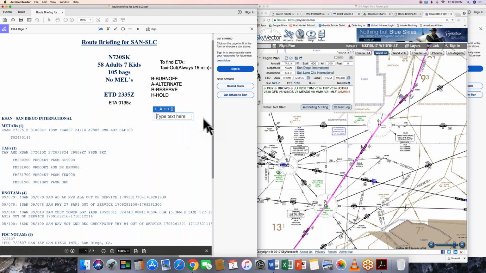Our taxi out, we're not planning on having taxi out fuel in our burn off, so we don't worry about the 15 minutes. So we have 1 hour and 50 minutes of burn off. We don't add our taxi time to that when we're figuring out our weight and balance. So the 15 is just to find our ETA.